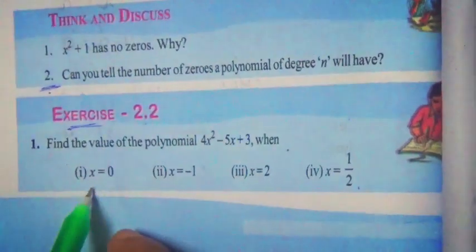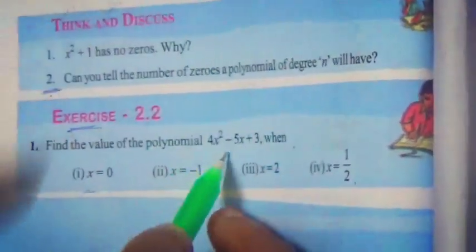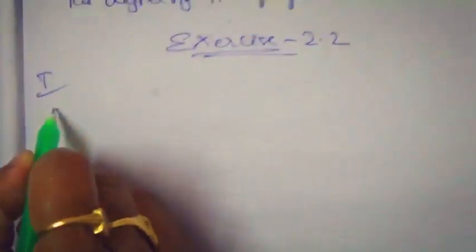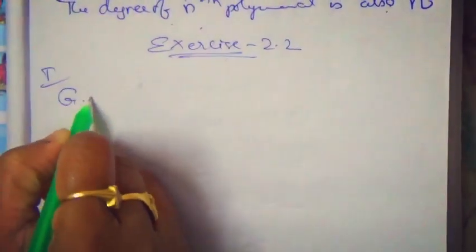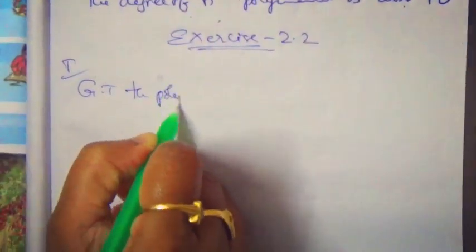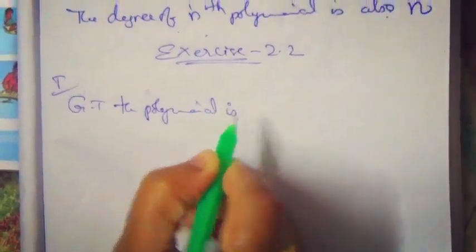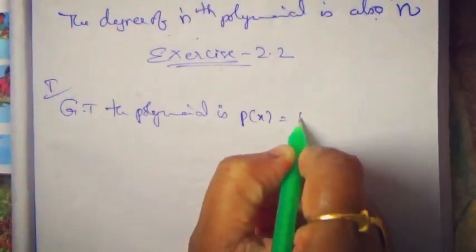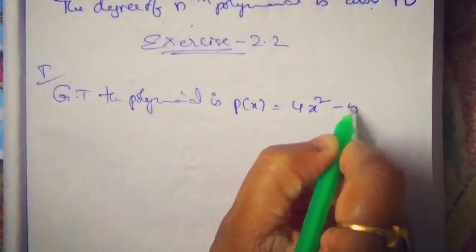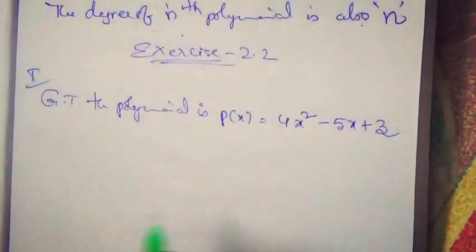We have to substitute these x values each and every time in the given polynomial. So in the first one, given that the polynomial is p of x is equal to 4x square minus 5x plus 3.